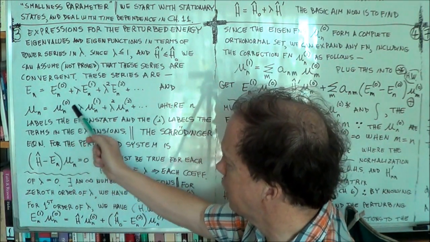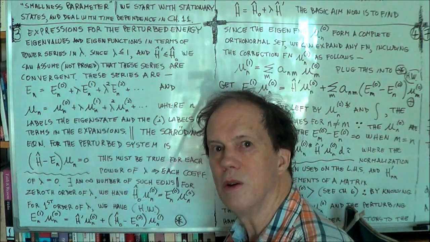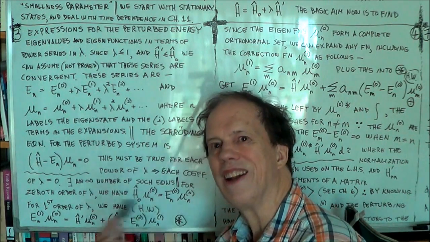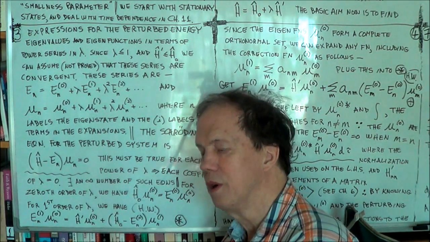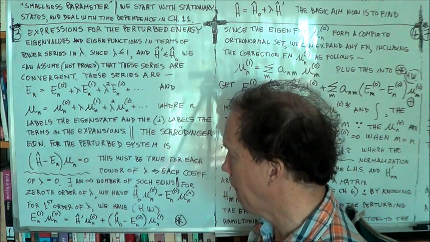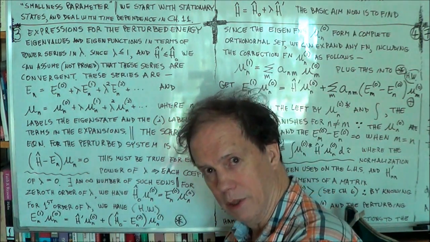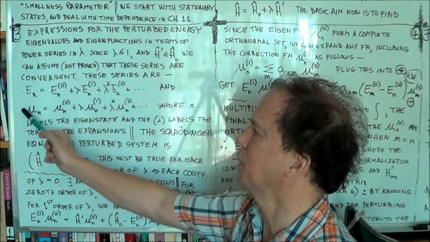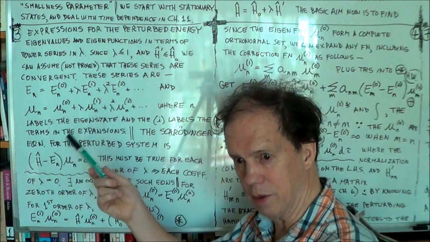And a similar logic applies to the eigenfunctions. Now, these are the eigenfunctions when there is no perturbing term added to the Hamiltonian. These would be your eigenfunctions. And then you do add the perturbing term, and so your eigenfunctions will change.